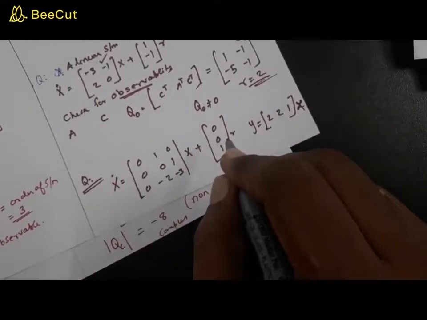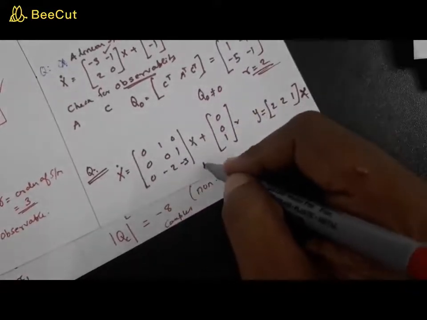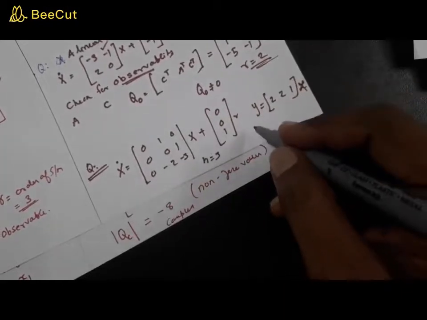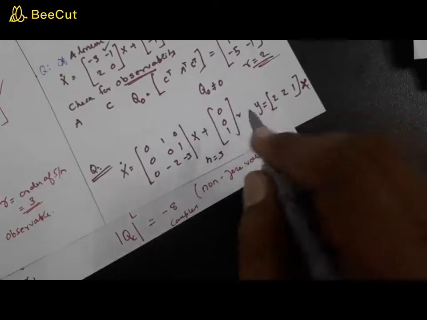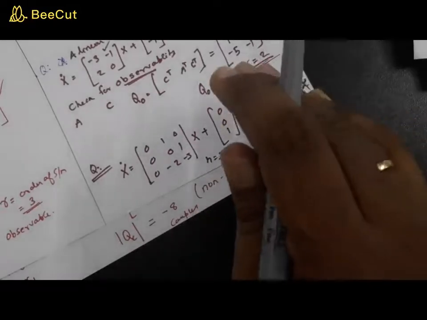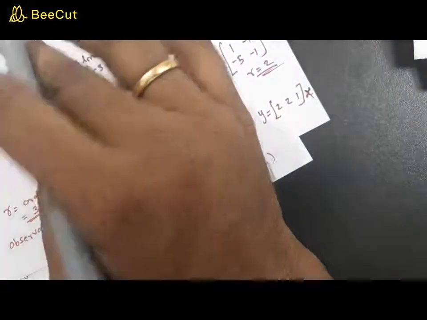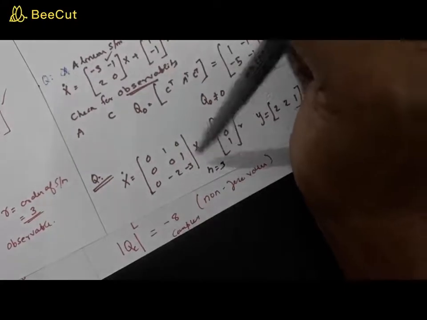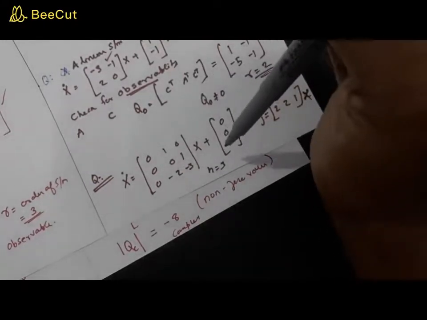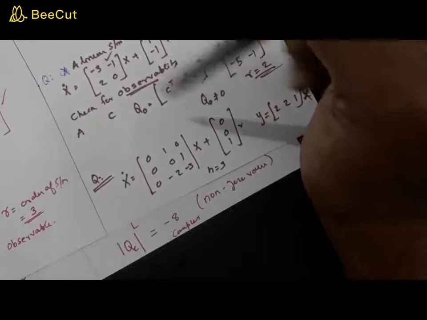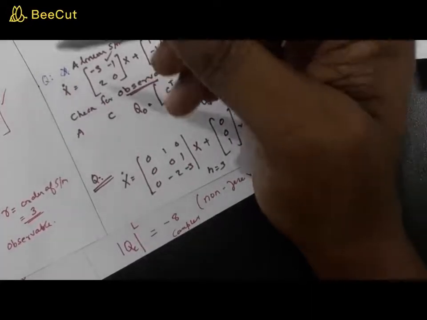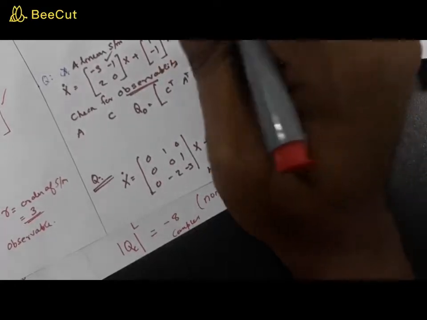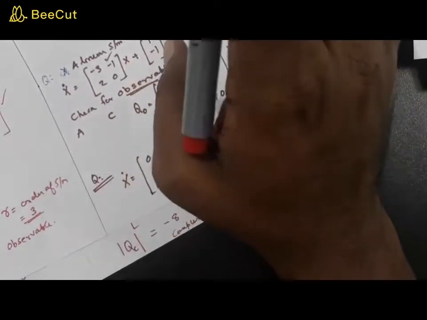Now here also, the order is equal to 3, and when you find the determinant, it is going to be a non-zero value, which also proves that the rank is equal to 3. Now, whenever you find the determinant of the observability matrix or controllability matrix, that is QO or QC, and the determinant is 0, then you can come to the conclusion that the rank is not equal to the order of the system.